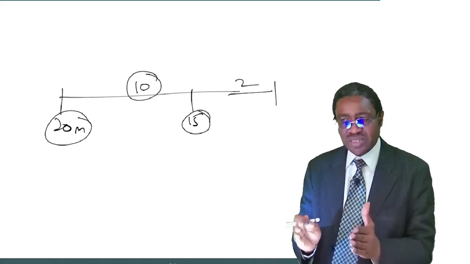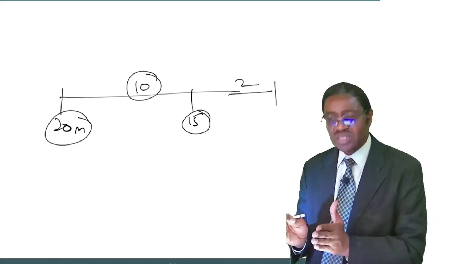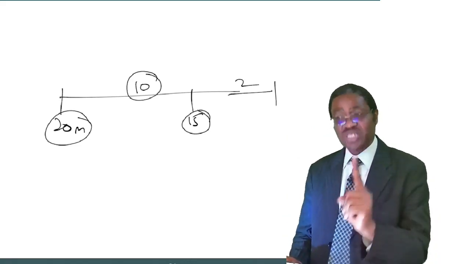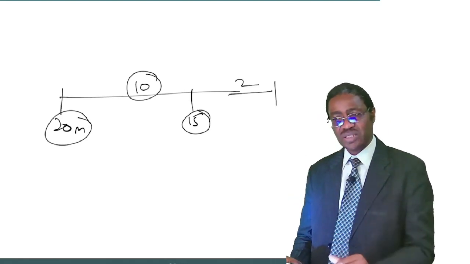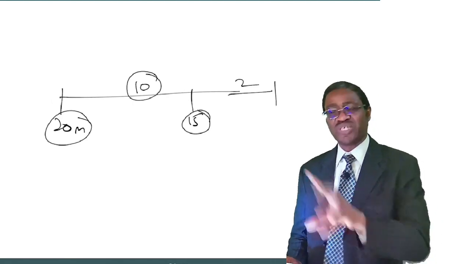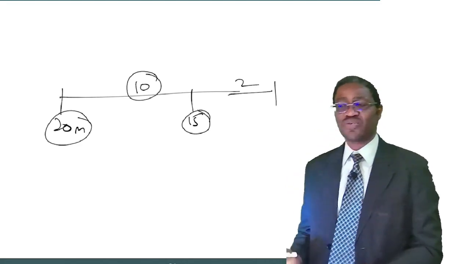Yet the question says for every 1,000 shillings, you get 300 ordinary shares. What about 20 million for 10 months plus another 15 million for 2 months? That's what I want to do.